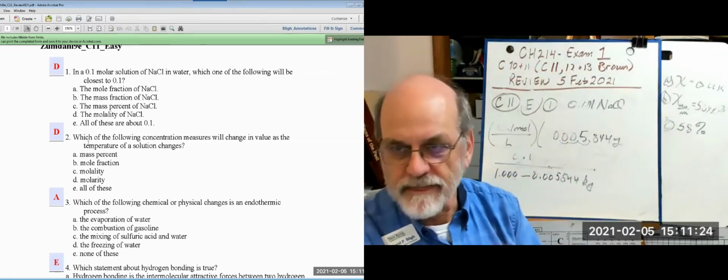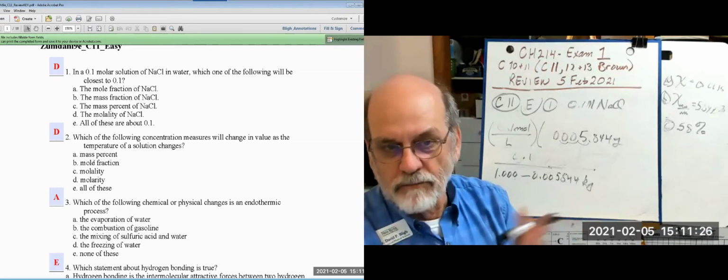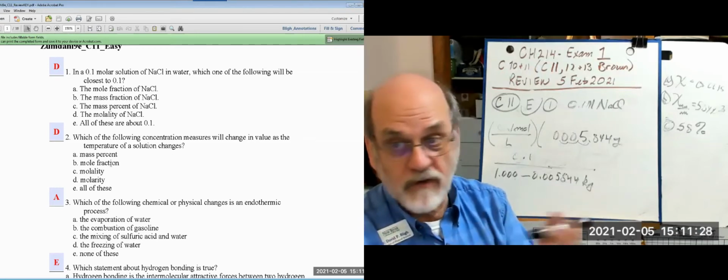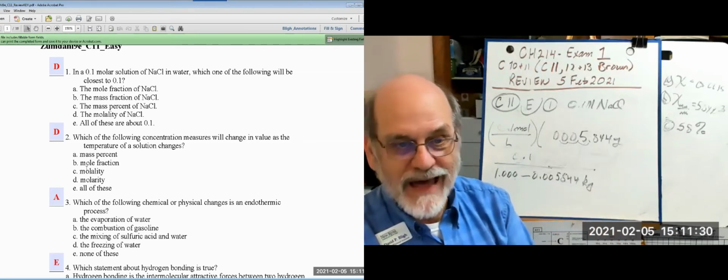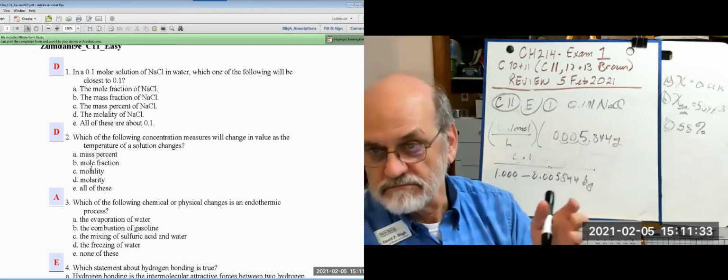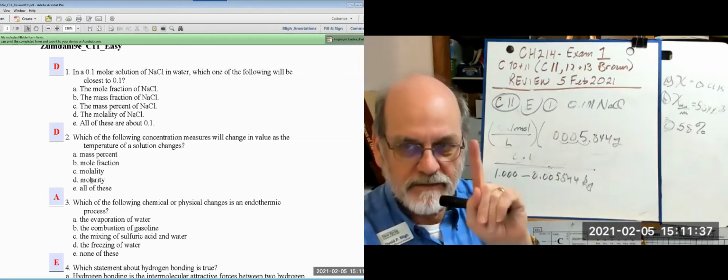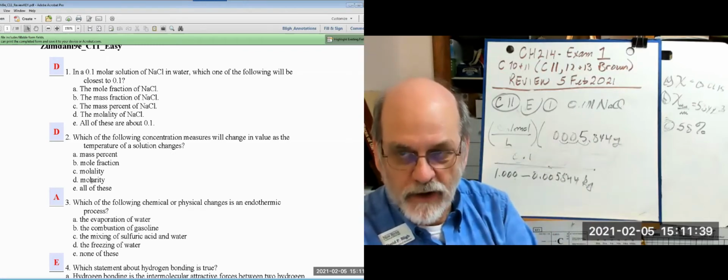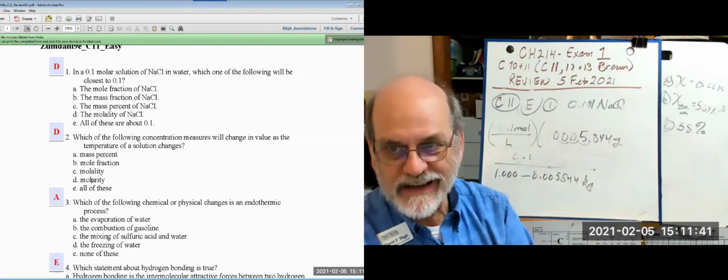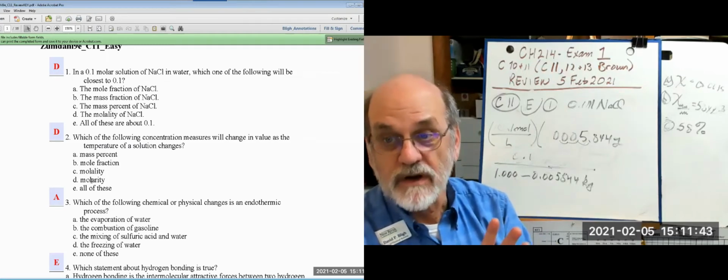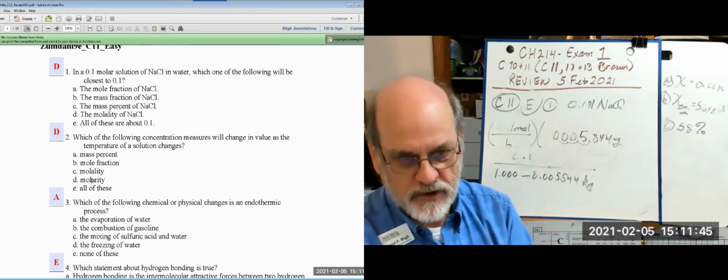Mass percent, no, only mass. Mole fraction, nope, no volume there. Molality, nope, only moles and mass, won't change. Molarity, that's the one. Molarity changes because it's moles per liter, and the volume in liters will change with temperature.